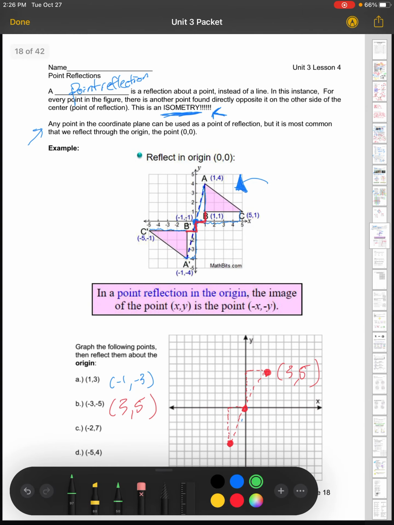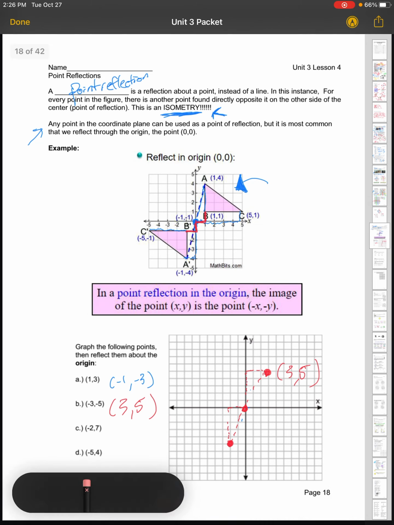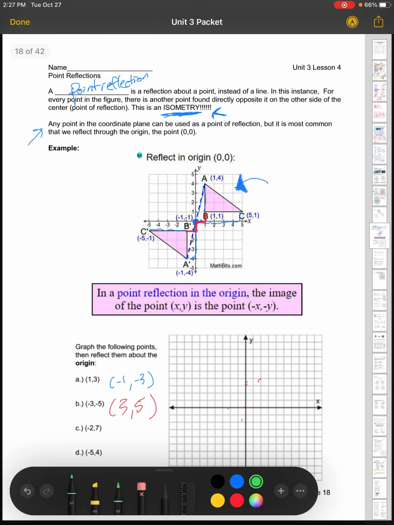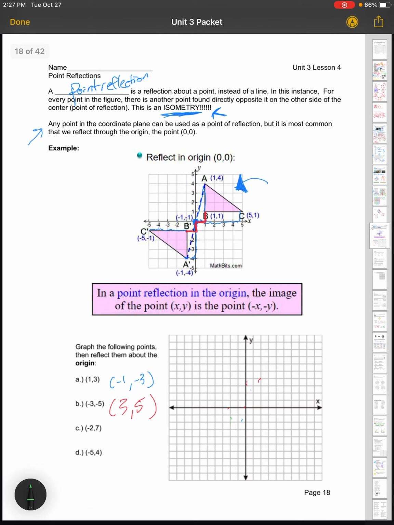And I'll do the last two. -2, 7 would be about in this area here. So -2, 1, 2, 3, 4. -2, 7, reflected through the origin here.